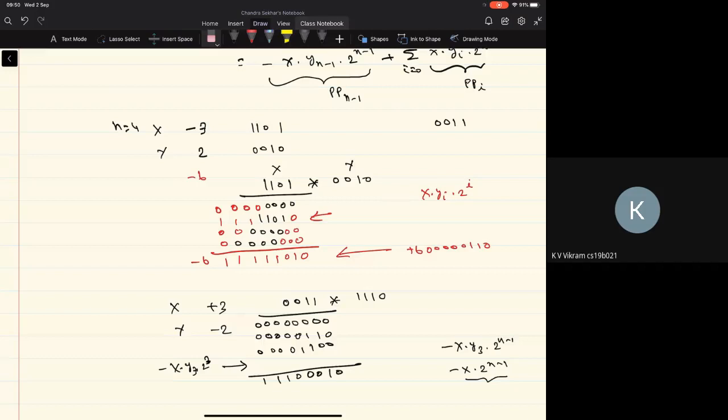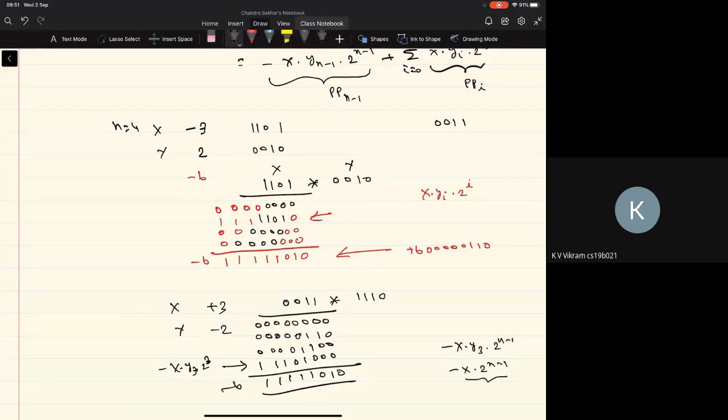So it should have been 3 zeros, and then the 2's complement of this. Yeah, and then the sign extension. I'm sorry for this. Okay, now we can just add and then check. Yeah. So this happens to be same as -6.